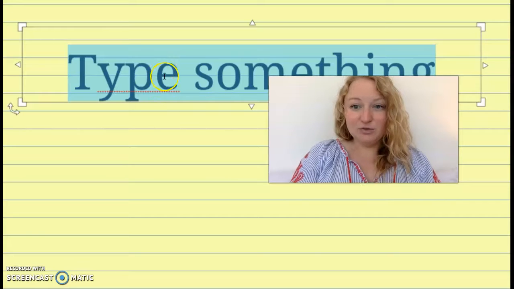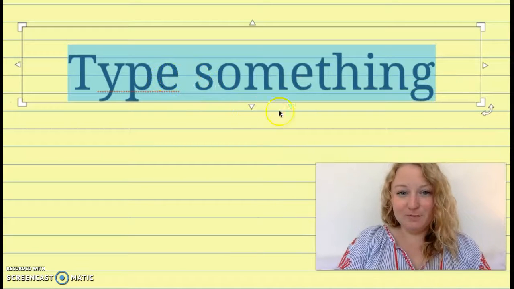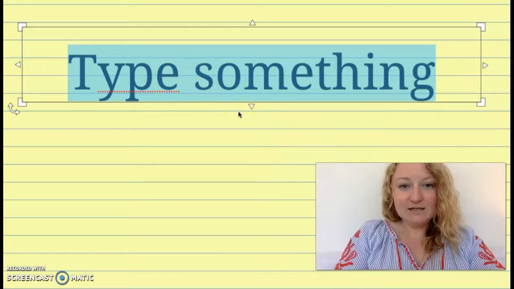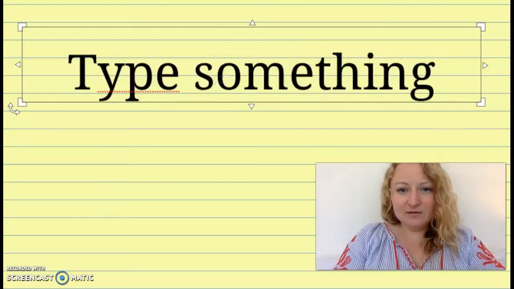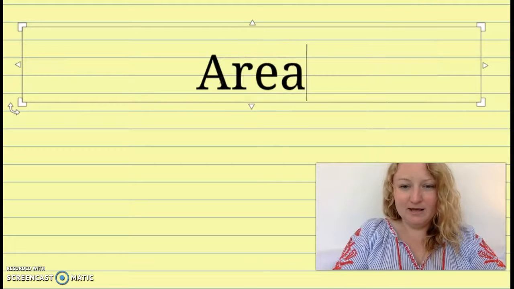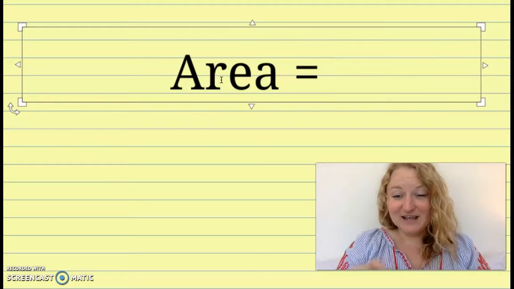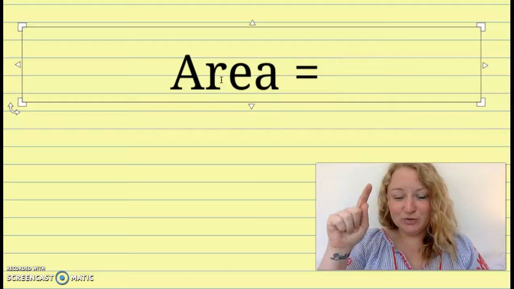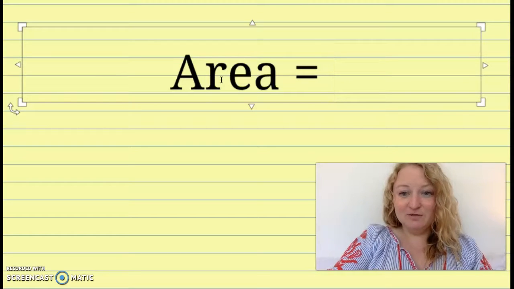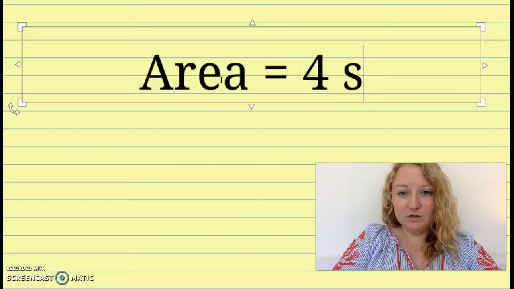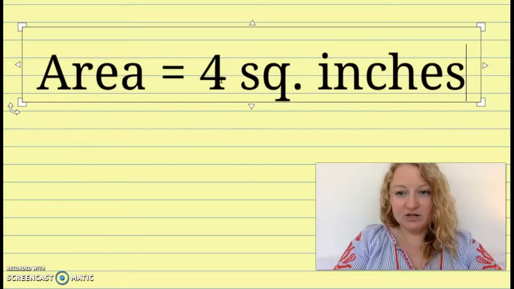Let's think of what the area would be of one of the faces. If it's a 2 by 2, I'm multiplying length times width, and that would give me 4. So it would be 4 square inches.